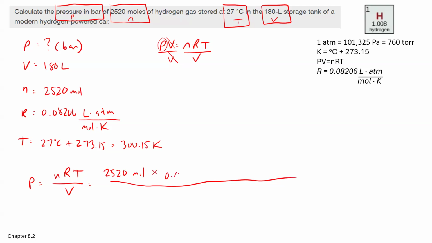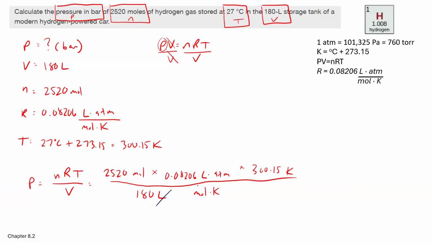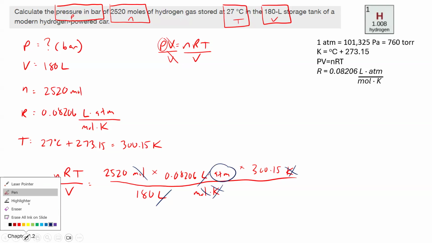Times 0.08206 liters ATM over moles Kelvin. Temperature is 300.15 Kelvin. On the bottom is volume, 180 liters. Let's do the cancellations. Liters, moles, Kelvin, ATM is left, which is perfect for us.